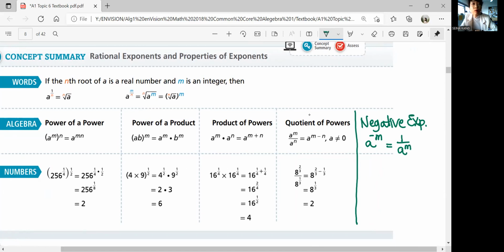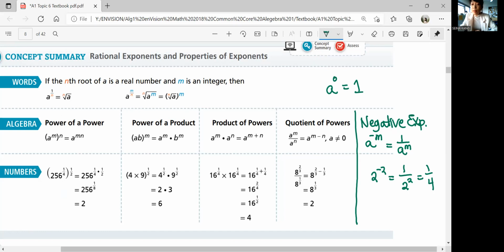Okay, so for example, 2 to the power of negative 2 is equal to 1 over 2 squared. And so that's 1 over 4. Okay, so remember these properties. Also, there's a zero property. Any base to the power of 0 is 1. 100 to the power of 0 is 1.